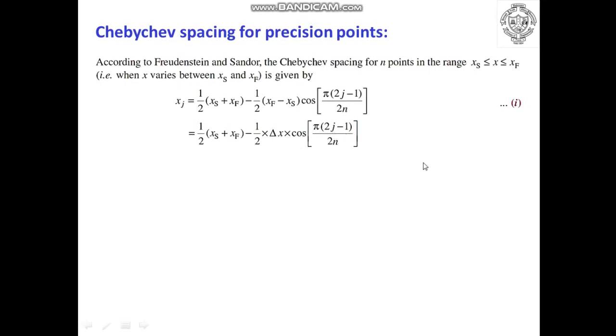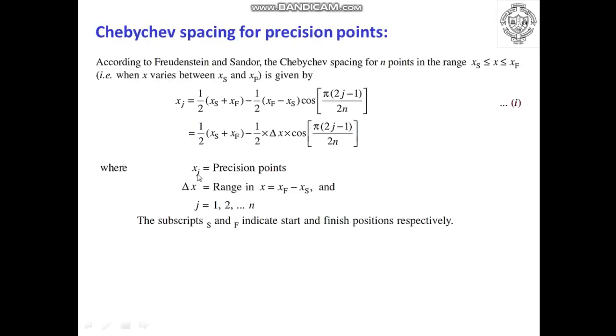We are going to derive this particular formula using the graphical method. So as of now you just remember this formula, and later we are going to derive it. As I already said, xj are the precision points and n is the number of precision points, how many precision points you are considering.